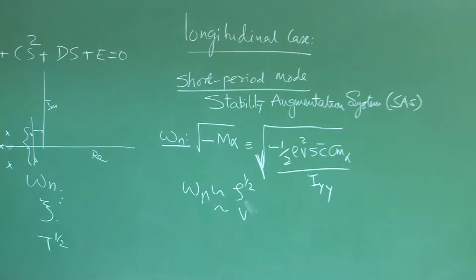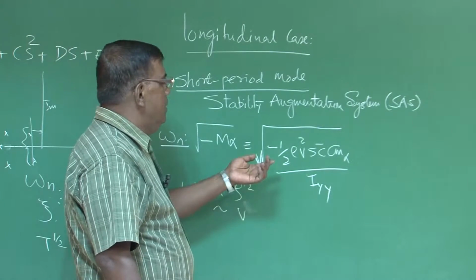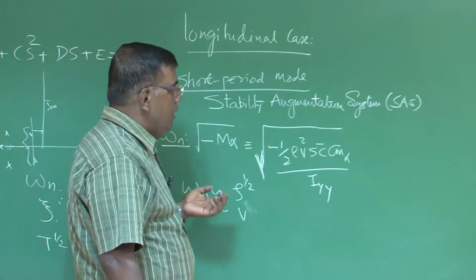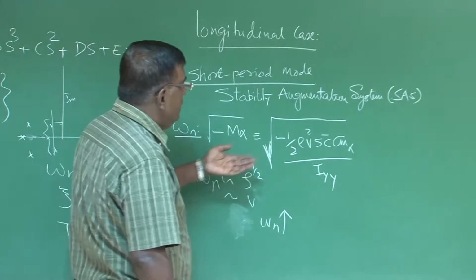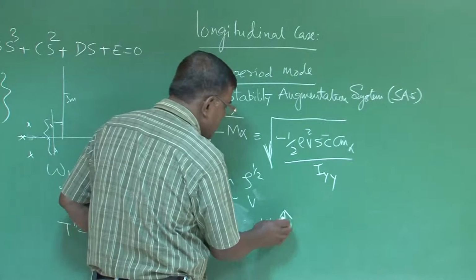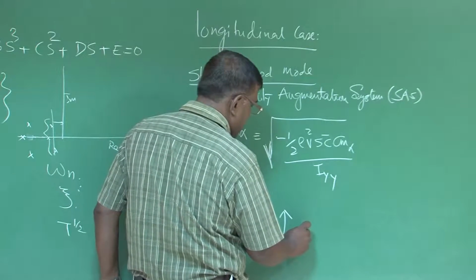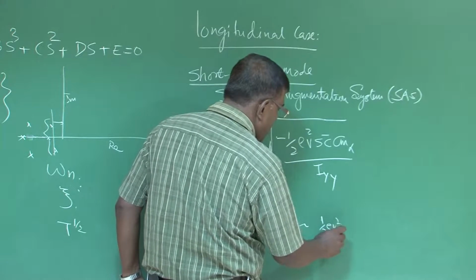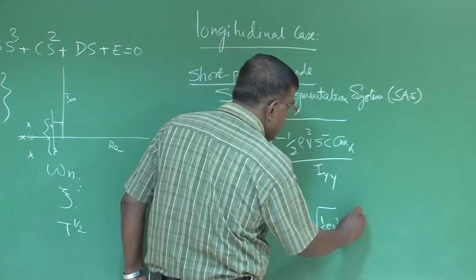As I increase V, short period natural frequency will go on increasing, or in totality if I say omega n increases with dynamic pressure, that is half rho V square, or under root of q.